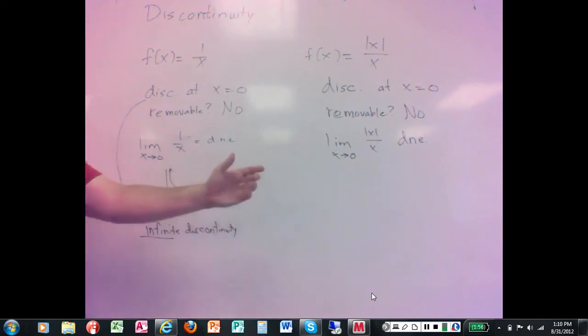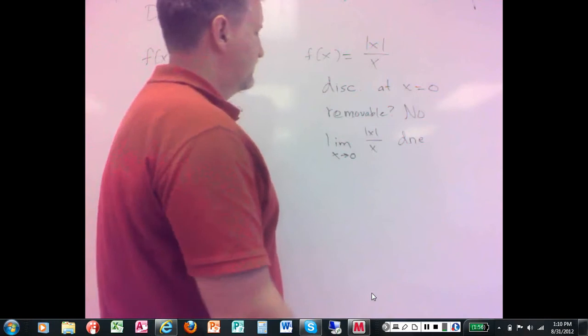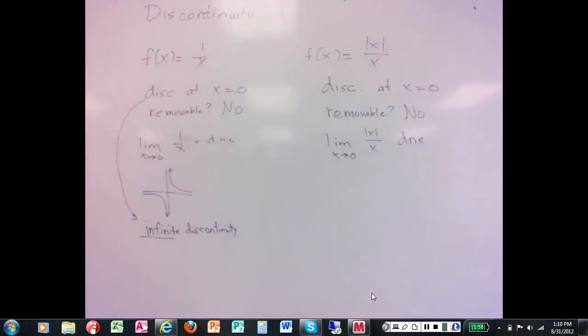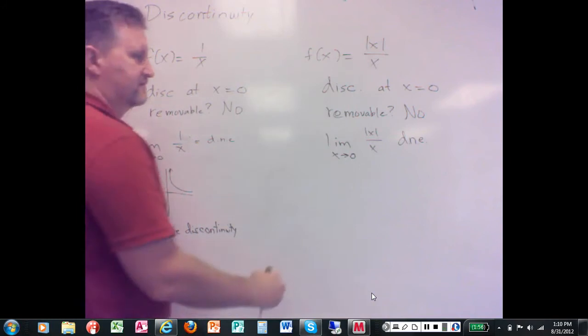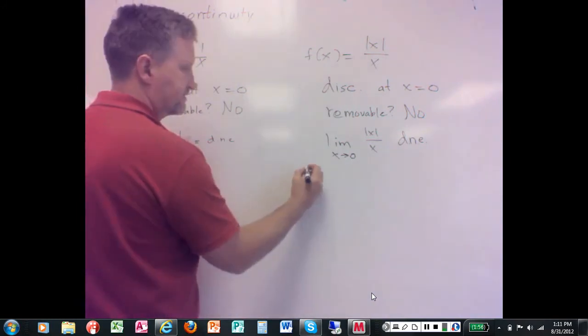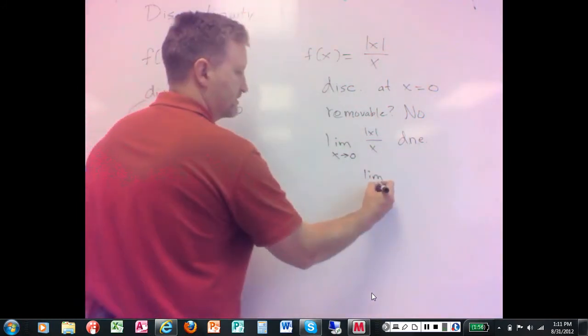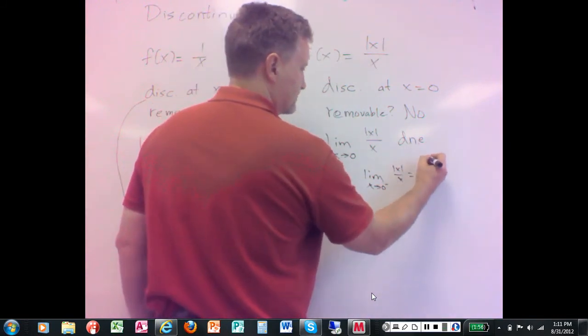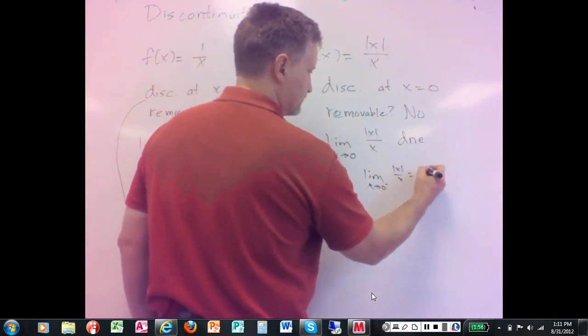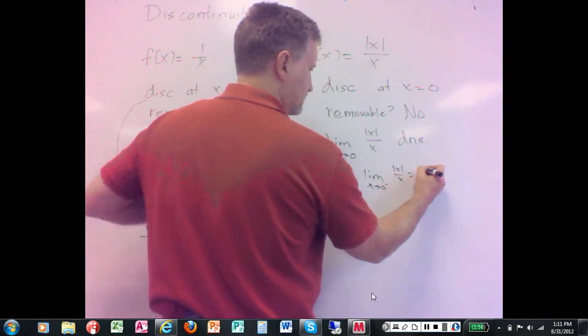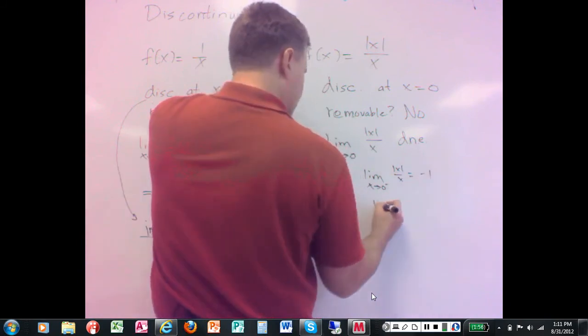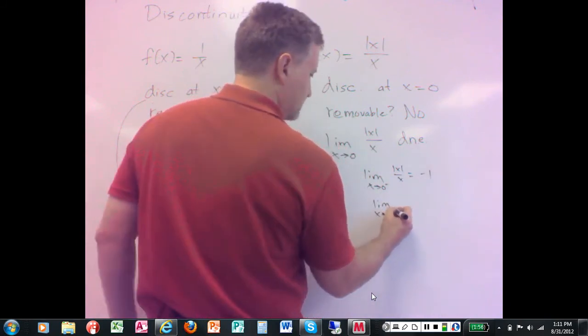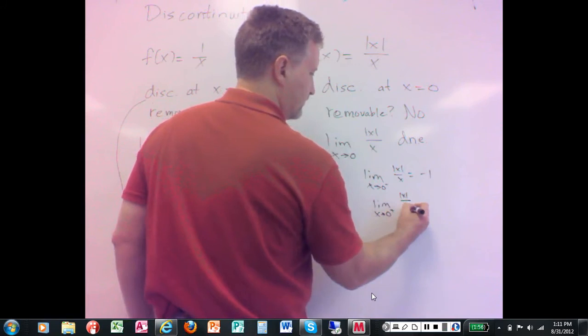Here, this limit doesn't exist, right? Because, well, we verified it directly, and looking at the graph, it's coming in at two different levels. The limit as x approaches 0 from the left is negative 1, and the limit as x approaches 0 from the right is positive 1.